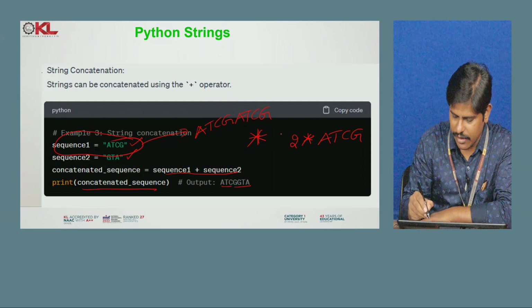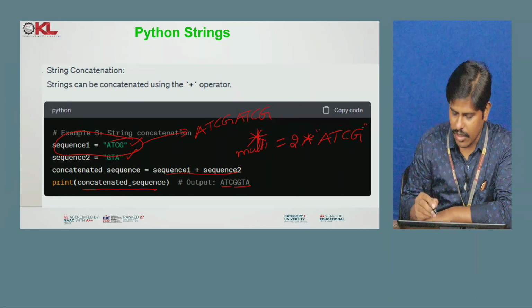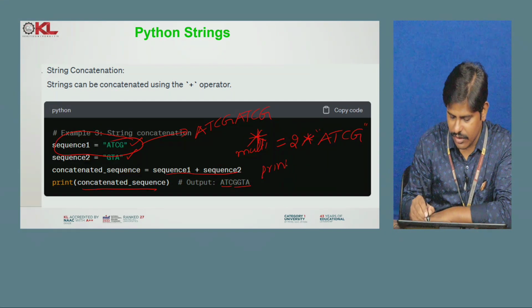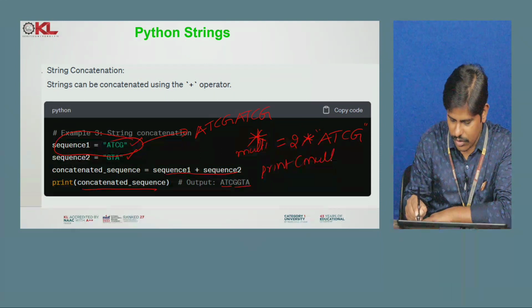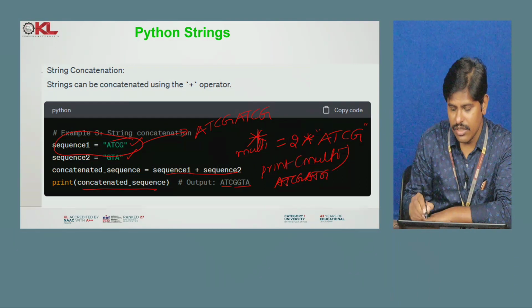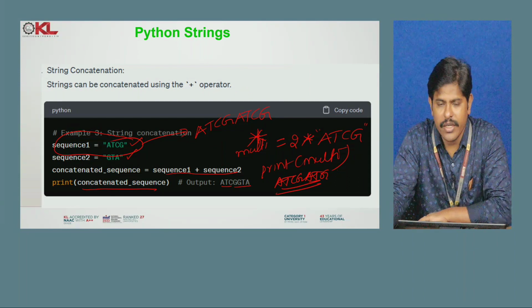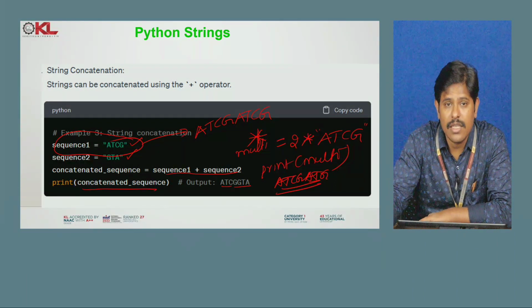So when I say multi equals 2 star ATCG, and when I say print multi, the output will be ATCGATCG on your screen. So multiplication, concatenation, or length, these are the features of Python strings here.